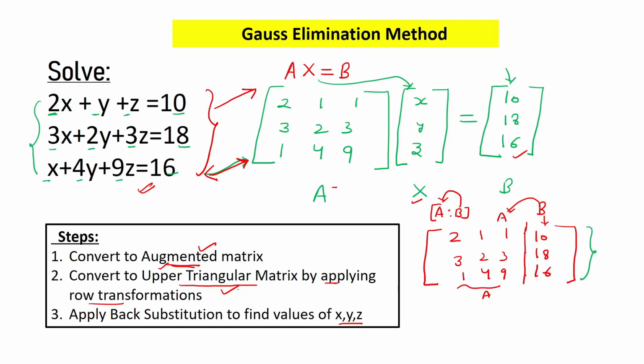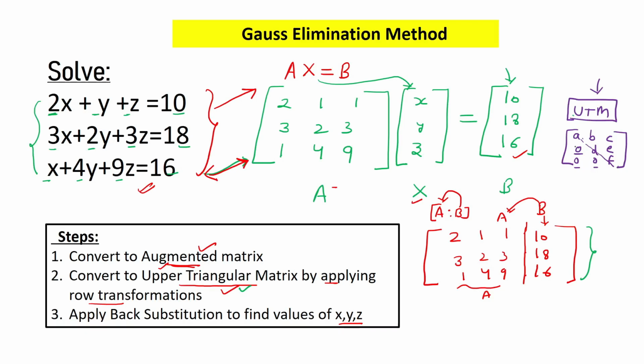Now in the second step, we have to convert this matrix into the upper triangular matrix. So what is an upper triangular matrix? It is a matrix in which all the elements below the diagonal are all zeros. Here you can see this element is 0, this is 0, and this is 0. So this matrix is an upper triangular matrix.